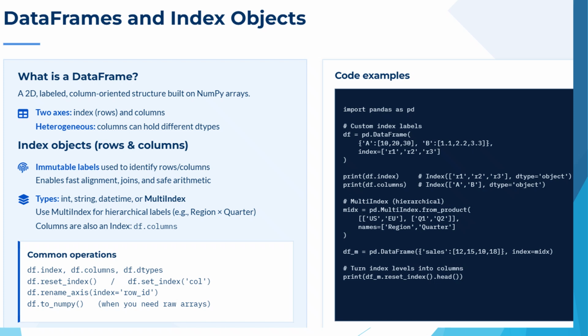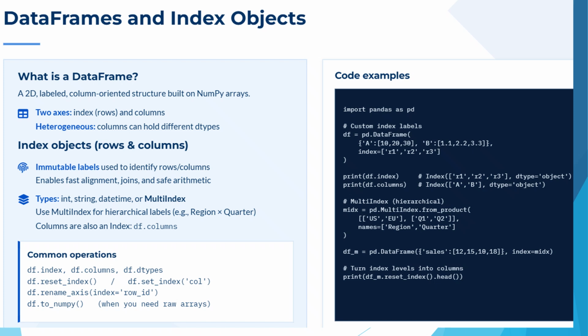Common operations. There are several common operations in pandas that help in understanding and manipulating data frames effectively. The attributes df.index and df.columns provide access to row and column labels, while df.dtypes shows the data type of each column, which is useful for identifying inconsistencies or preparing data for analysis.